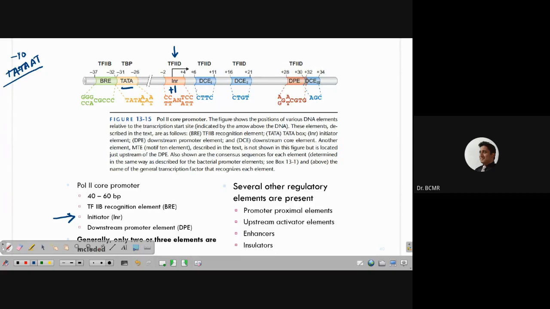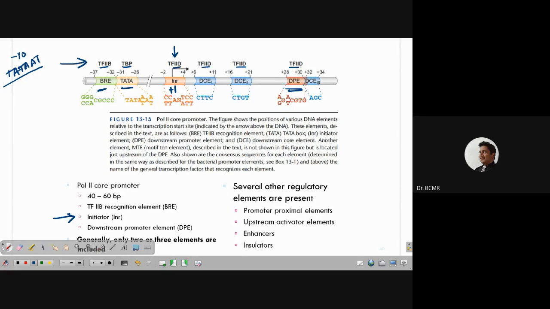Downstream promoter elements. This is the downstream promoter elements. You have BRE, okay, let me tell you this. All the names that are written here are transcription factors.